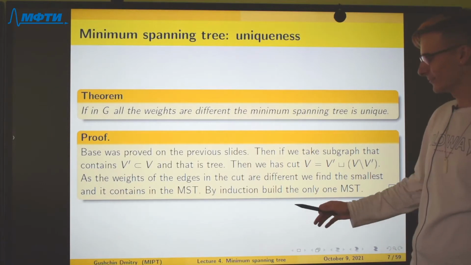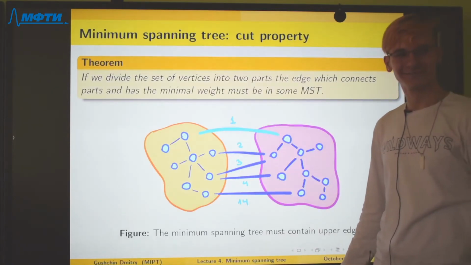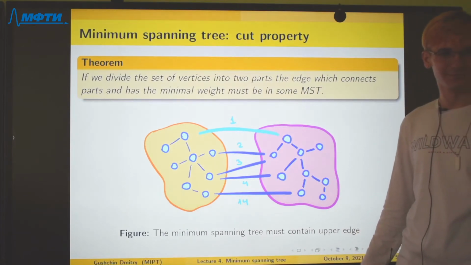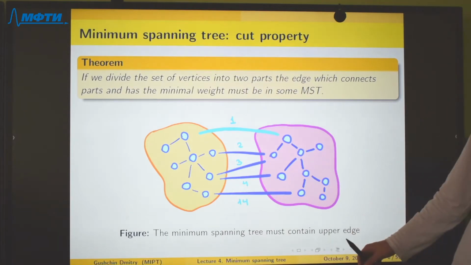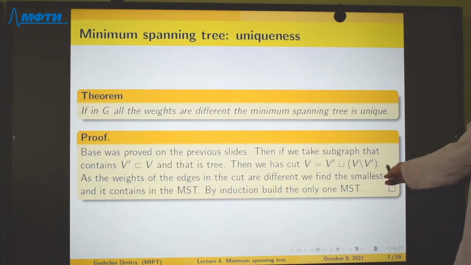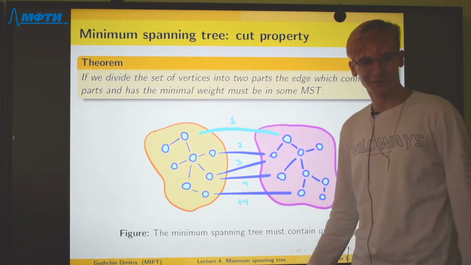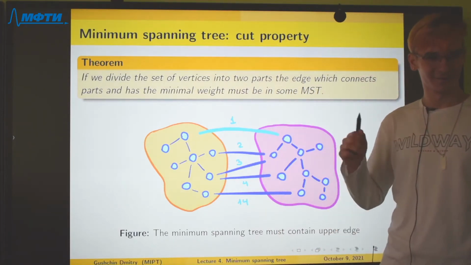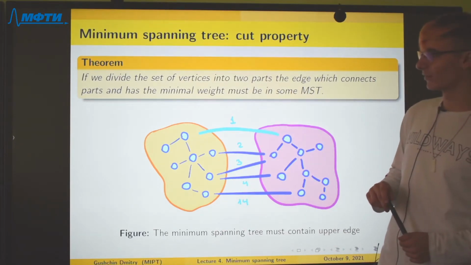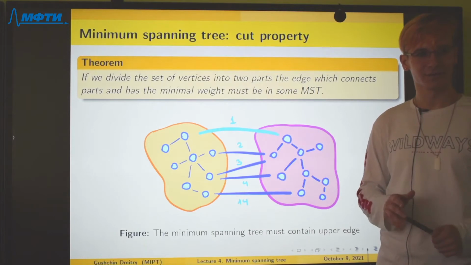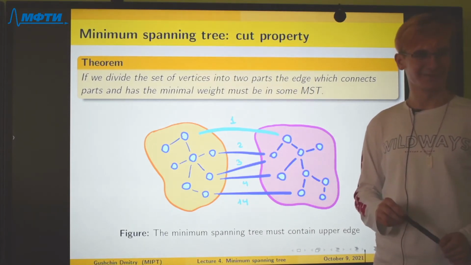Can you prove it without the text on the slide, for example? On this slide we have a proof, but I can swipe and ask you, can you prove the theorem that a minimal spanning tree is unique if all the weights are different? If you say that it is simple.